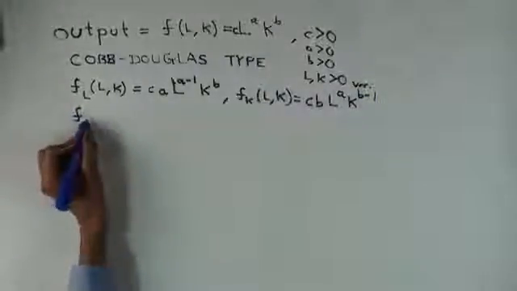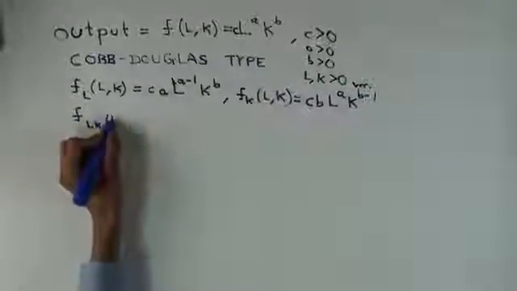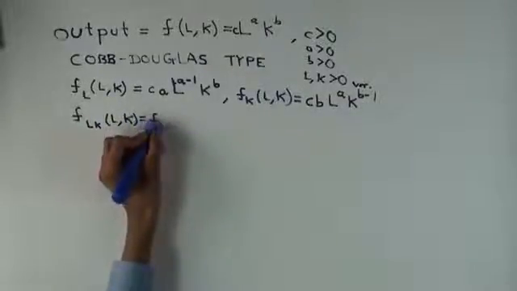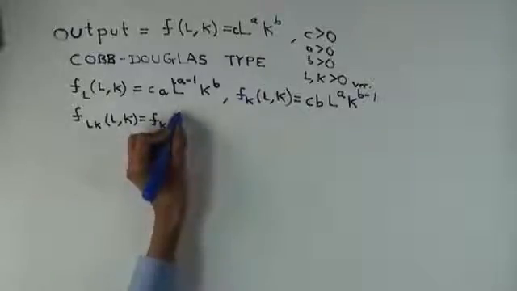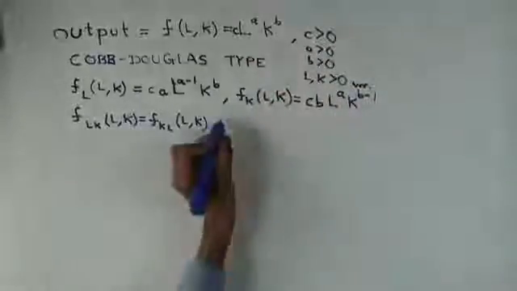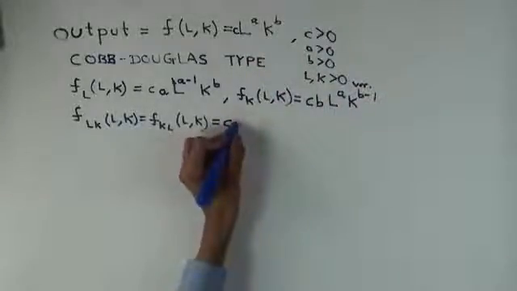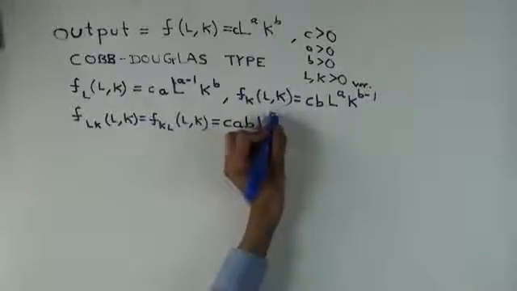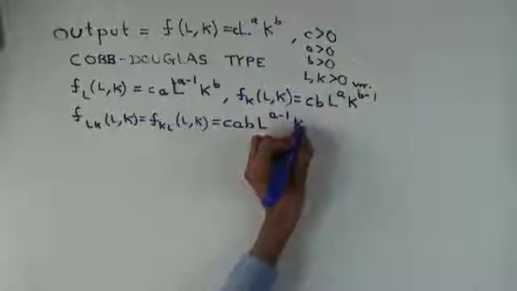What is F sub LK, which is the same as F sub KL? The general rule, as you remember, is you do both differentiations independently. This part you differentiate with respect to L, this part you differentiate with respect to K, and multiply. So you get C A B times L to the A minus 1, K to the B minus 1.